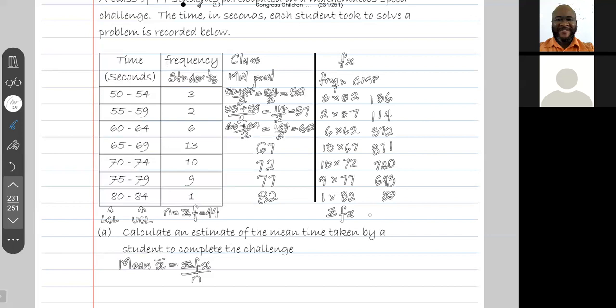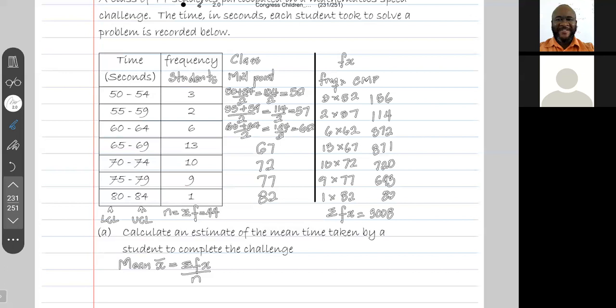It's important that you understand what this number represents. This is 3008 seconds, because the sum of fx in this case is an estimate of the sum of the time taken by all 44 students.